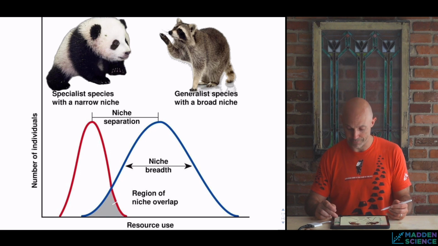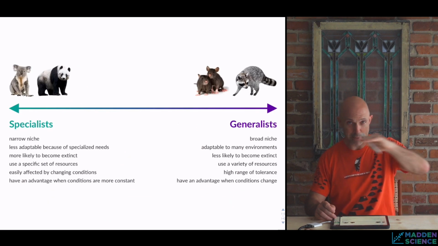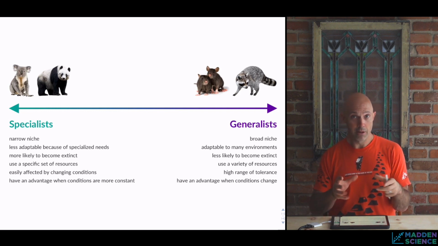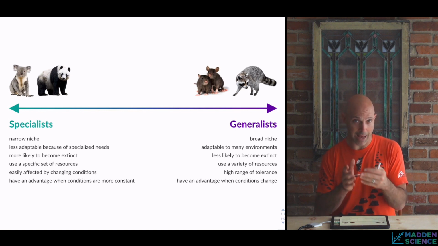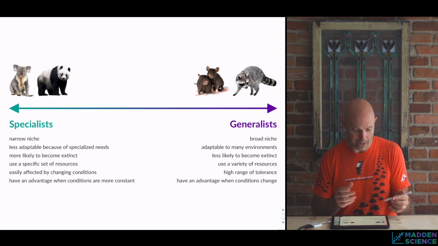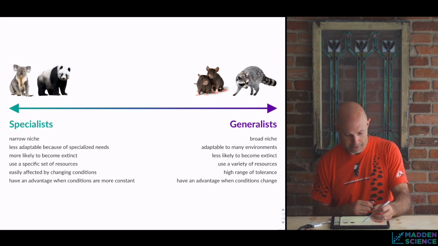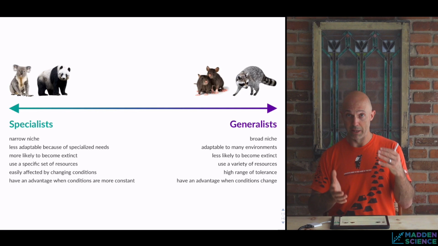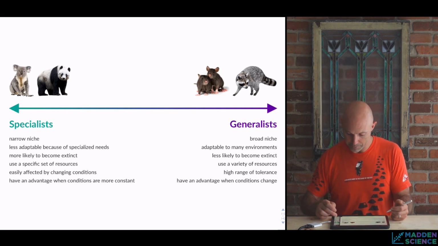Both are very cute. Here you can see that same spectrum, kind of like we saw earlier with survivorship curves. So these are labels that fit and work, but they also have a spectrum or degree. So it's not perfect for every organism in every case, every time. So you're looking at size of a niche, adaptability, likelihood of going extinct, use of resources, ability to adapt to changing conditions.